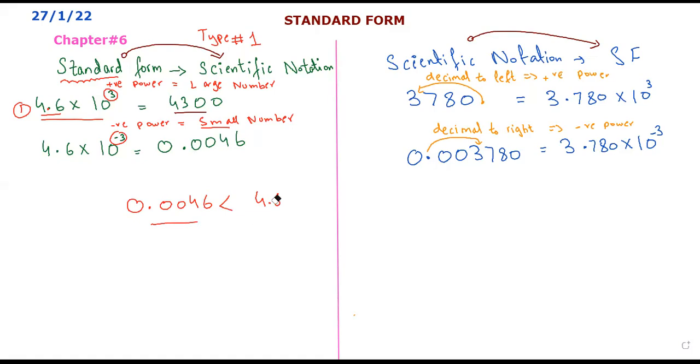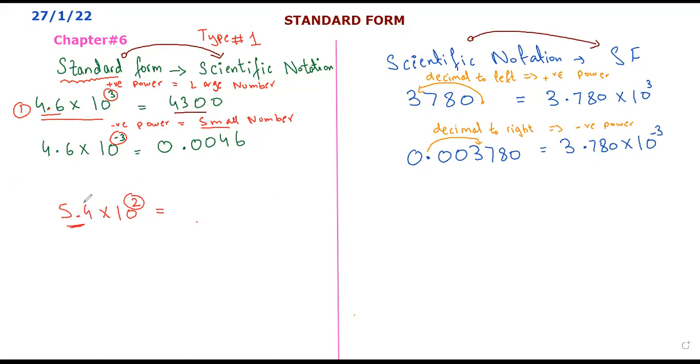Forget about what I told you yesterday. You were not able to understand it that way. Just remember, whenever you have standard form, maybe you have 5.4 into 10 raised to the power 2. This time the power is positive, so your number will become bigger. How do numbers get bigger?